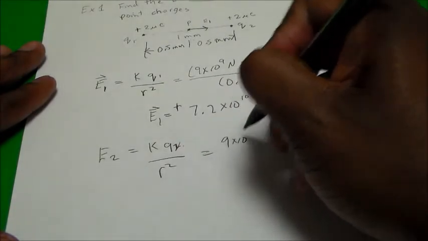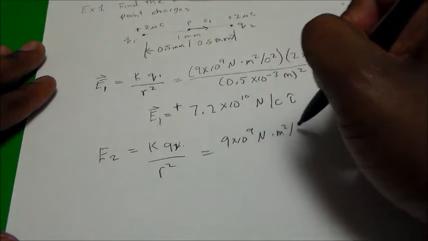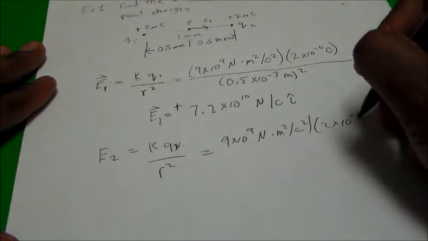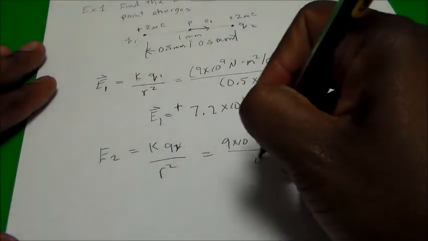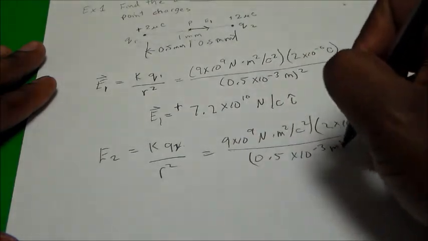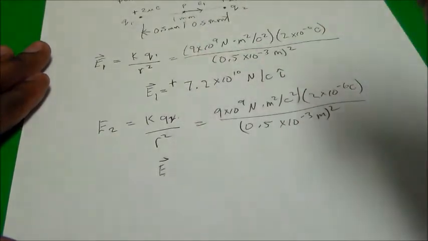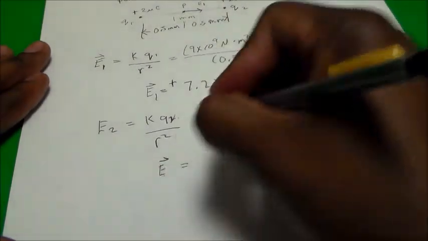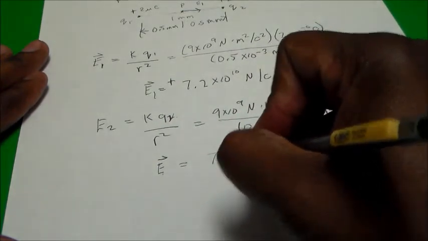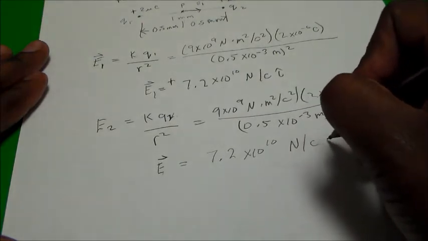Let's write it out: 9 times 10 to the 9th newton meters squared per coulomb squared, times 2 times 10 to the minus 6 coulombs, divided by 0.5 times 10 to the minus 3 meters, squared. What we expect, and I'll hold off on the sign for a minute, is a magnitude of 7.2 times 10 to the 10th newtons per coulomb.